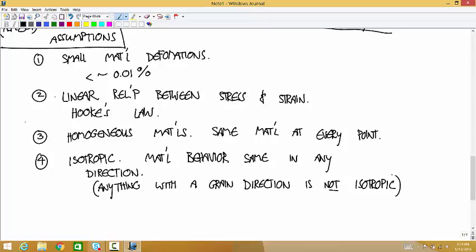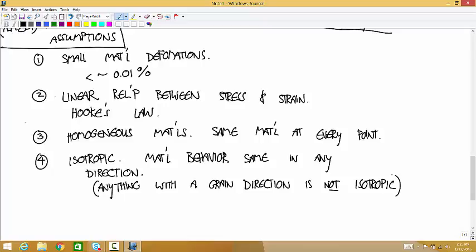All right, so let's think a little bit about where all of these come from. Which of these come from the material itself, and which of them come from the loading environment that the material's in? Okay, so small material deformations. In a way, it's kind of both of them.